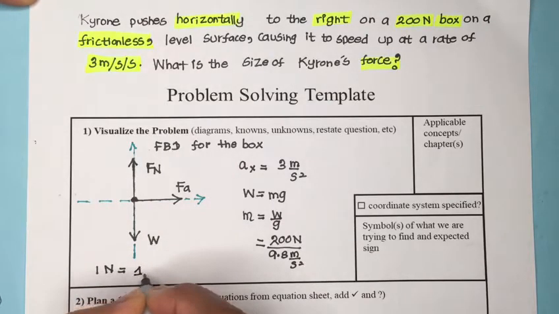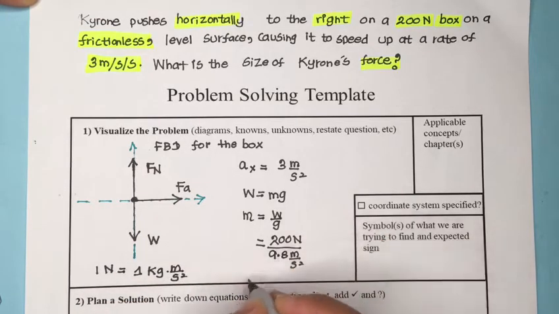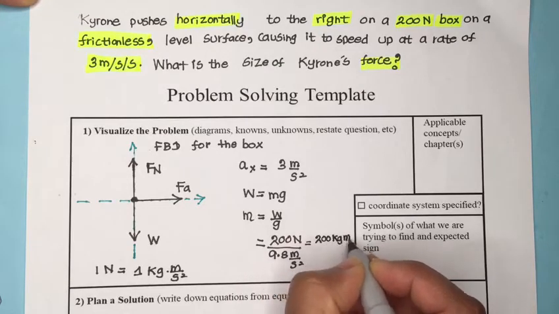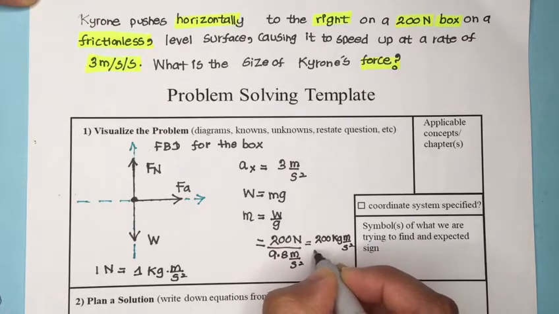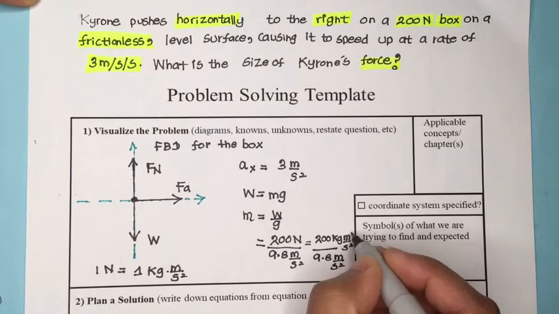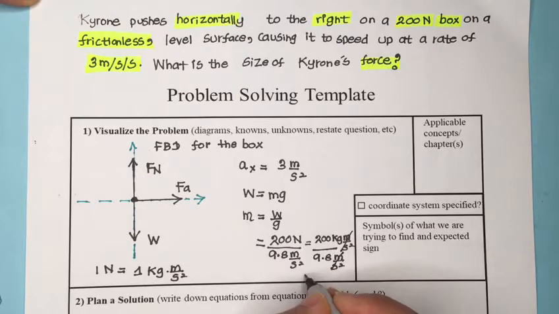For that, we should know the SI base unit of newton is kilogram meters per second squared. So I'm going to show you 200 kilogram meters per second squared, divide that by 9.8 meters per second squared. Meters per second squared will cancel out, and you get the unit of the mass. It is kilograms.